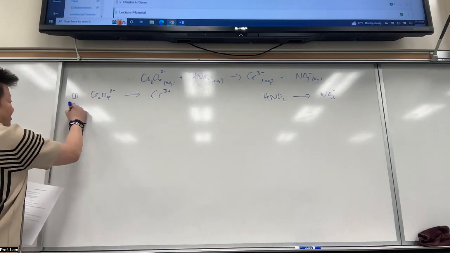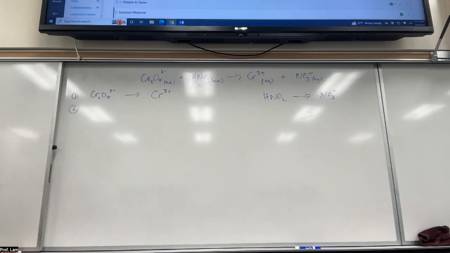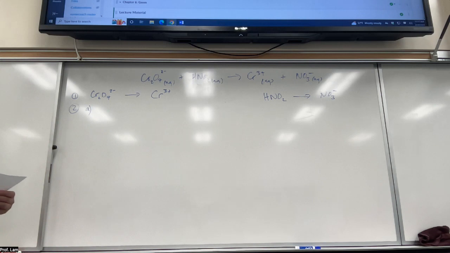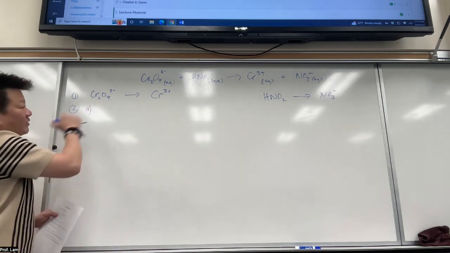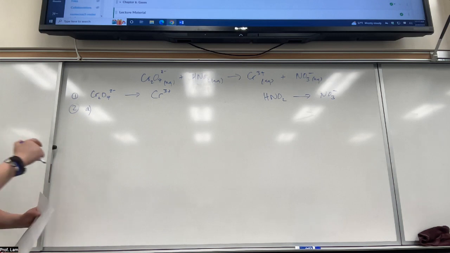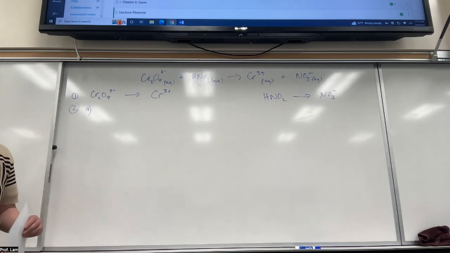Now step two has 4 parts to it, right? You can see the 4 parts. So we'll call them A, B, C, D. So step 2A says balance atoms other than oxygen and hydrogen first. Do we have atoms other than oxygen and hydrogen? Yes. What is it? Chromium. And is chromium balanced right now?